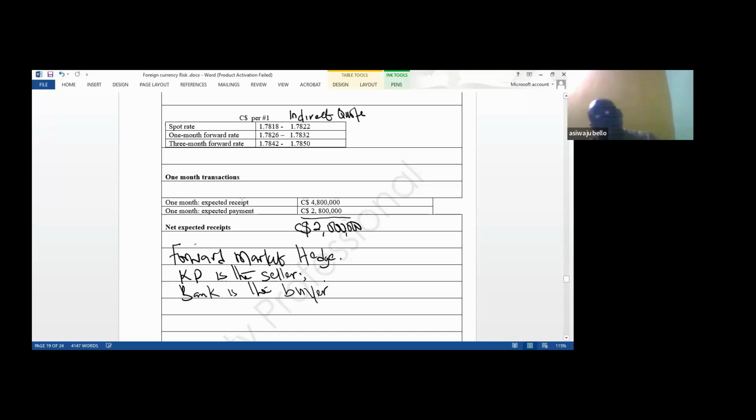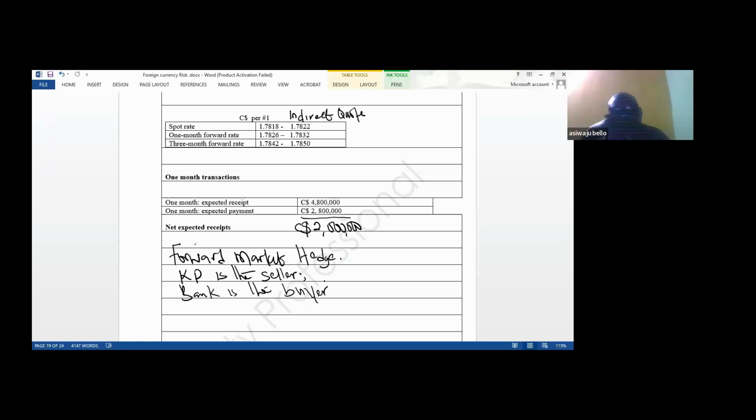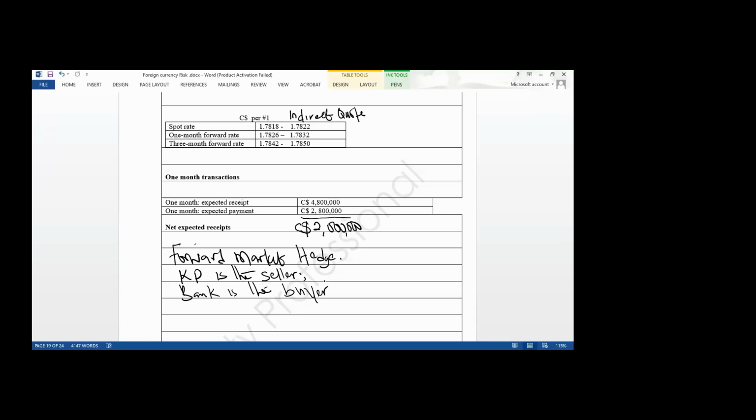So at what rate will the bank buy under indirect quote? At the lower rate.